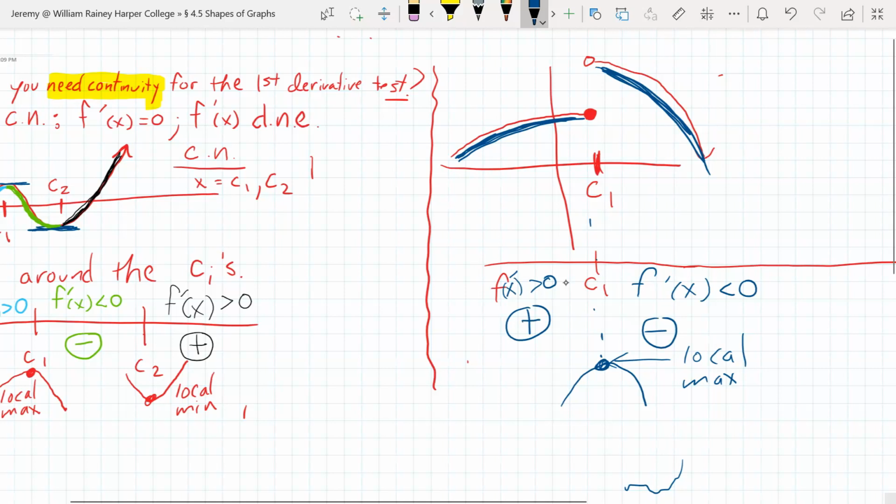But notice this point, c1, f of c1, is not a local maximum. And so I need continuity for the first derivative test to actually work. If I don't have that, I could have a changing of the sign of the derivative about some critical number and yet not have a local maximum or a local minimum. All right, that concludes that, and we are done.